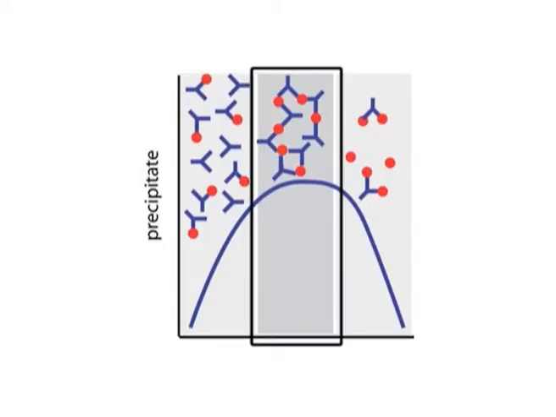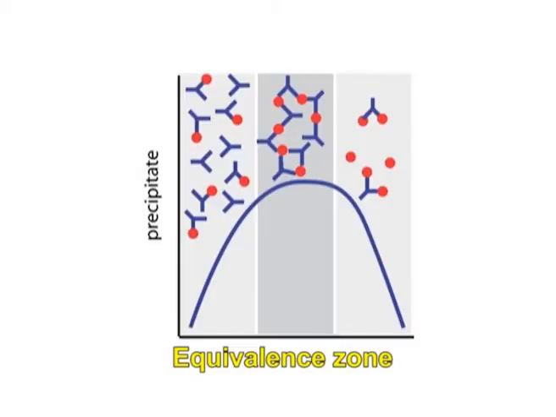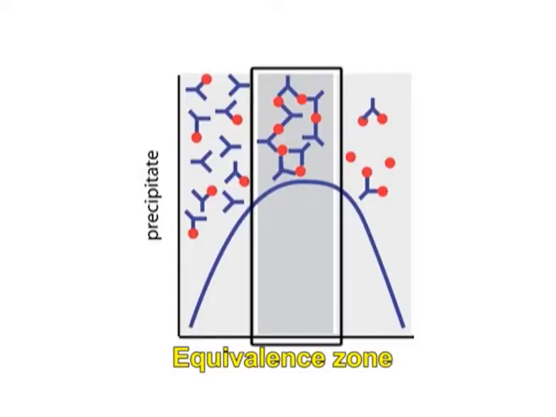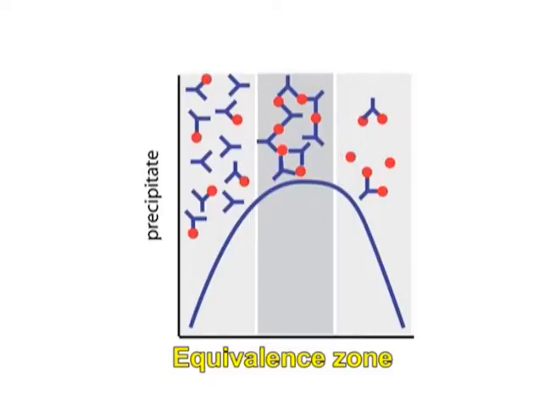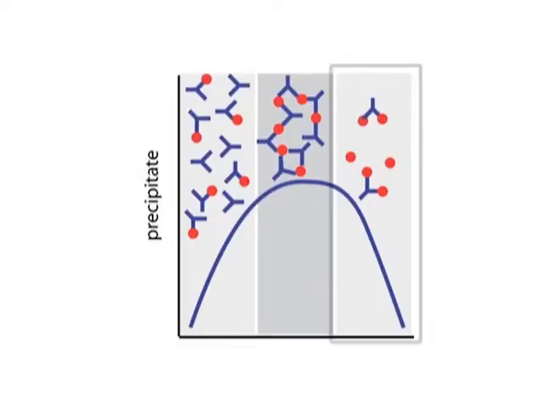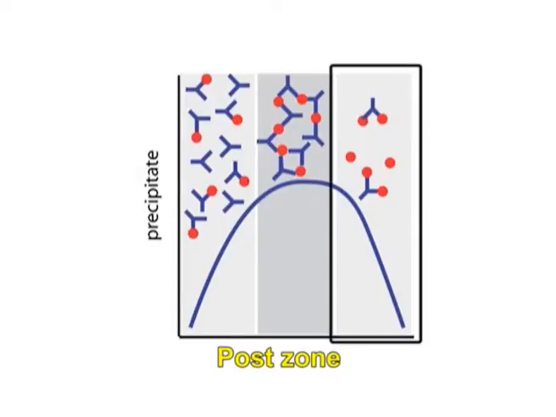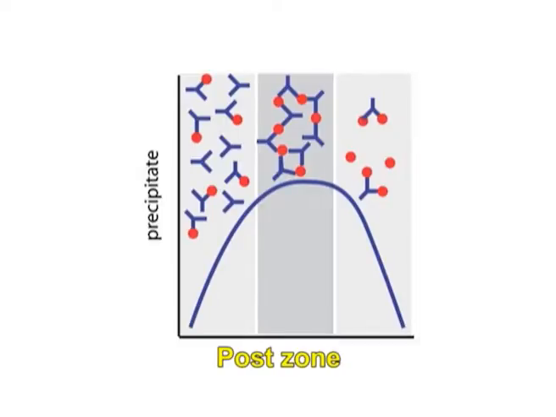The second zone is called the equivalence zone, also the zone of maximal precipitation, in which antigen and antibody form large insoluble complexes, and in the supernatant there will be no antigen or antibody present. In the third zone, the antigen is present in excess, also called the postzone, in which the concentration of the antigen is very high.